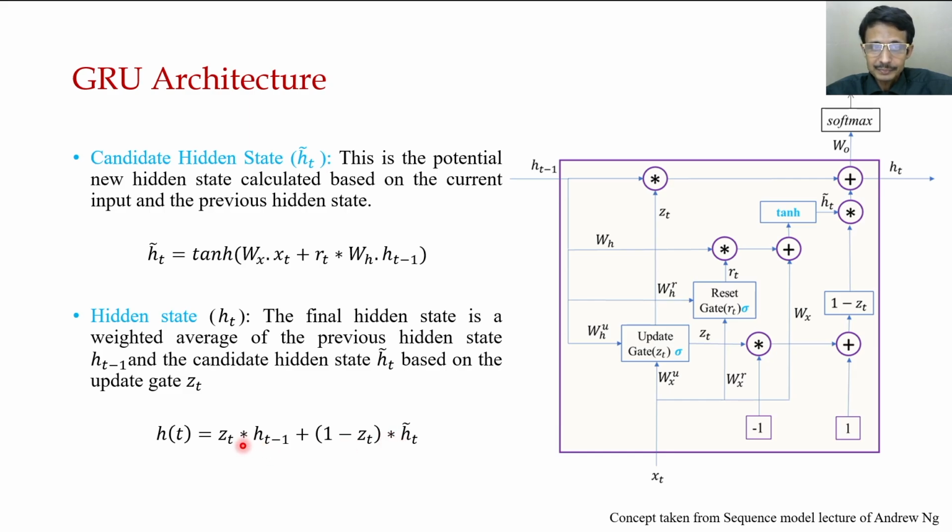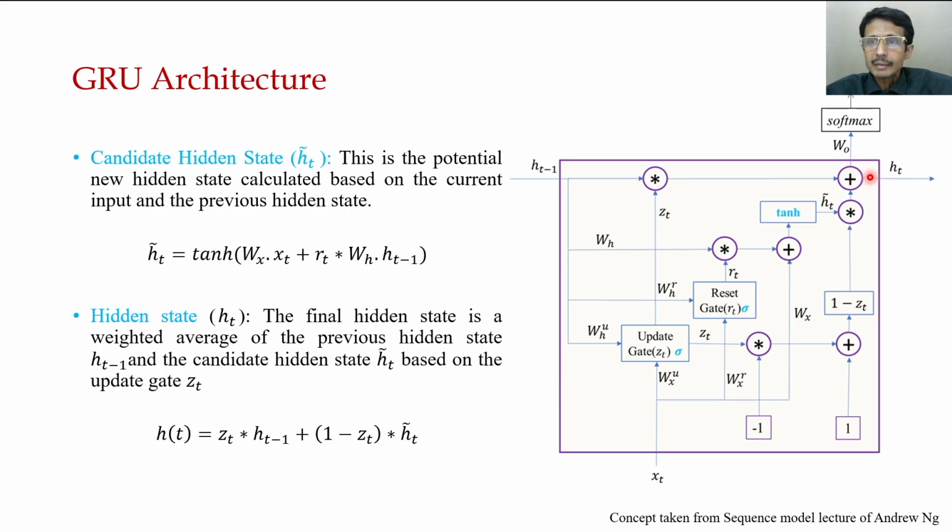What we can understand is that, based on this z t, we decide whether the previous state will be in h t, or the candidate state h t tilde will come, or both partially come. That is also possible, for example if z is 0.5. This is the main thing to understand.